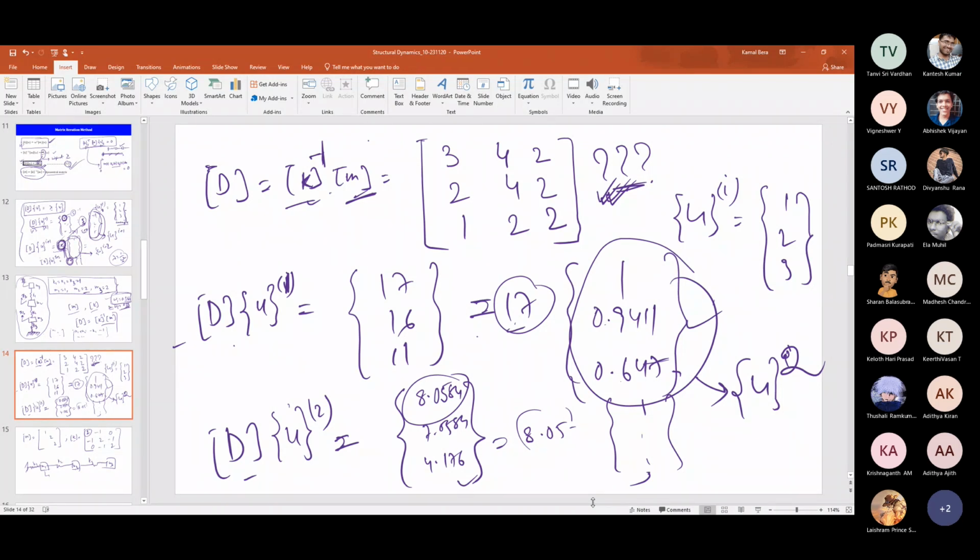Any difficulty? No difficulty. So please do the calculation quickly, because here it is nothing concept wise. It is just calculation.